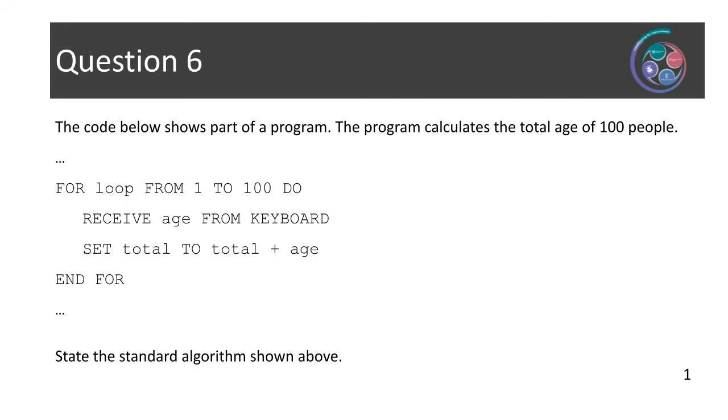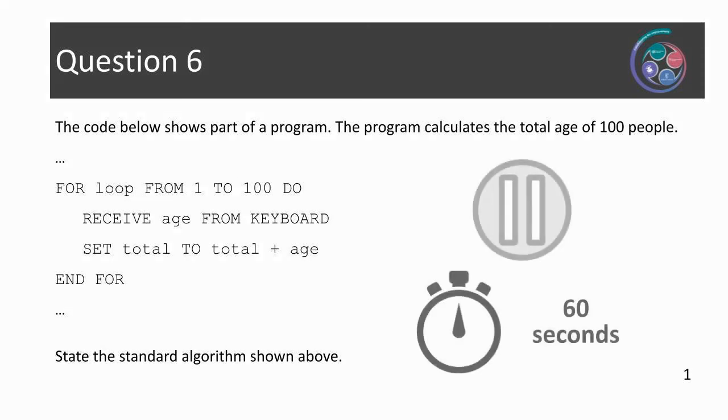This is a 1-mark question asking you just to state what standard algorithm has been used in the code above. You should look to take about a minute to read through the question, identify the type of standard algorithm and then write that down. Pause the video now while you do that.